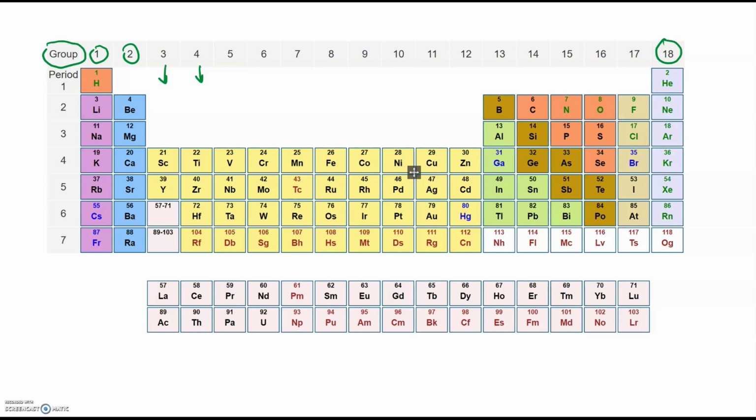We also have what we call periods. These are rows. There are 7 of them. They go all the way across like this. All right? There are 7 periods, and we'll learn how to refer to these later on.